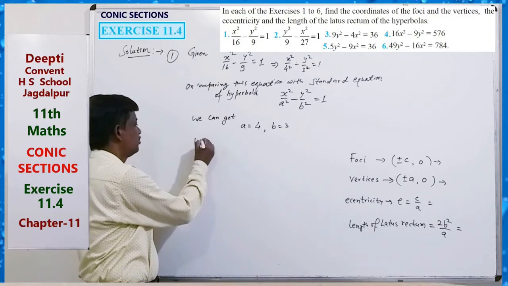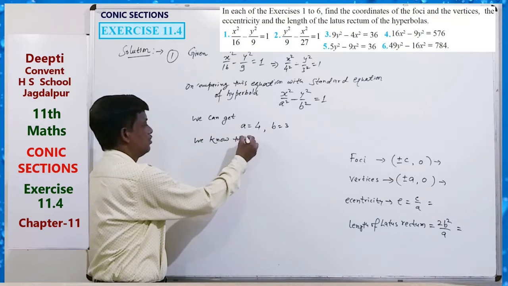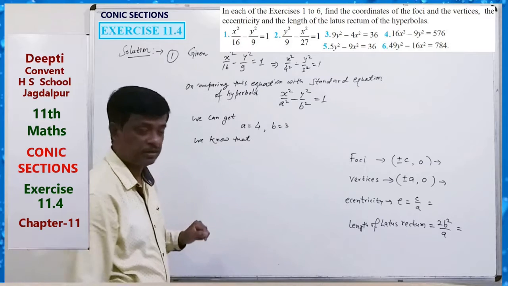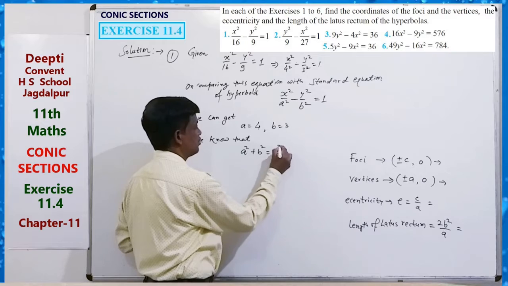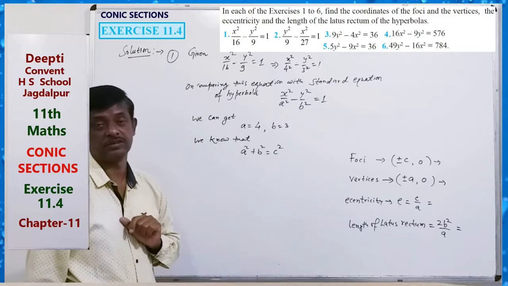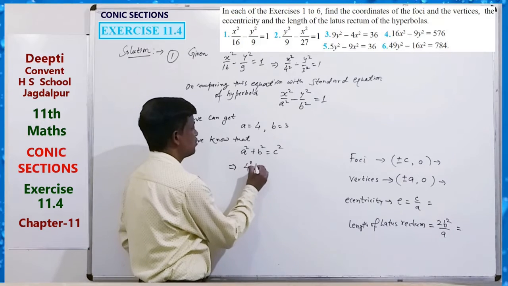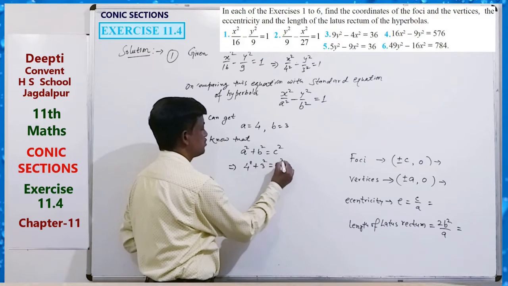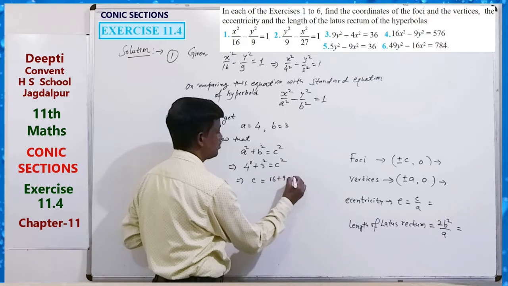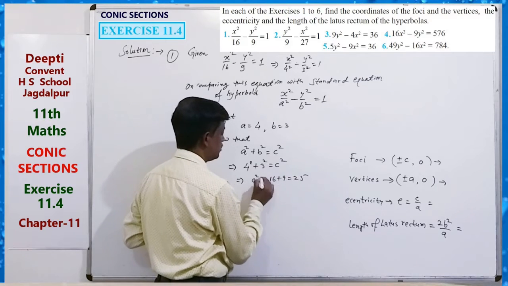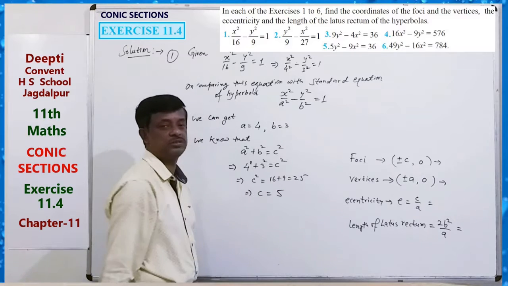We know that in case of hyperbola, the relation is a square plus b square equals c square. So here, use 4 square plus 3 square equals c square. So c square equals 16 plus 9 equals 25, so c equals 5, the positive value.